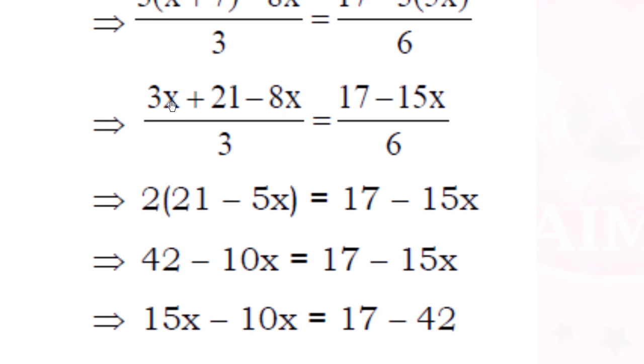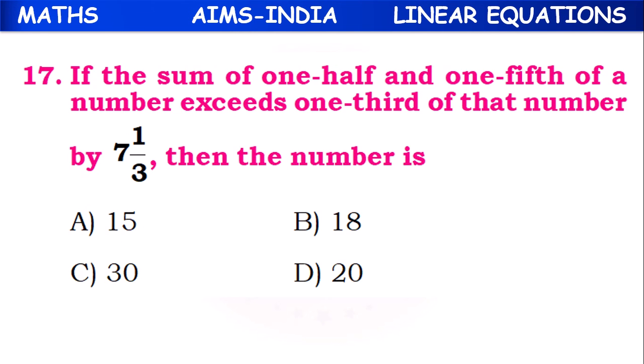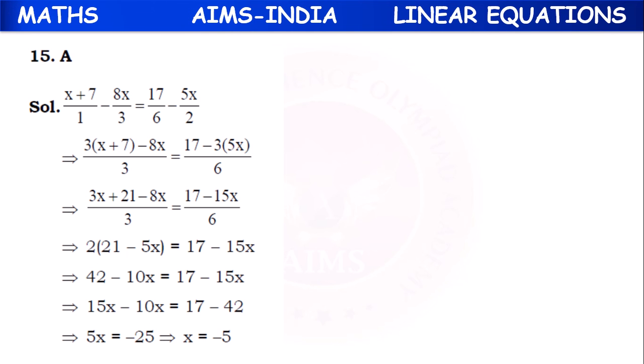Here they have done the cancellation, children. 3 1 is 3, 3 2 times 6. With 2, you have to cross multiply. 2 into this 21 is there. 3x minus 8x, how much?